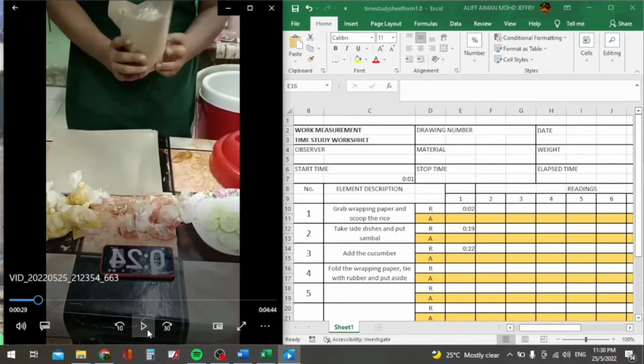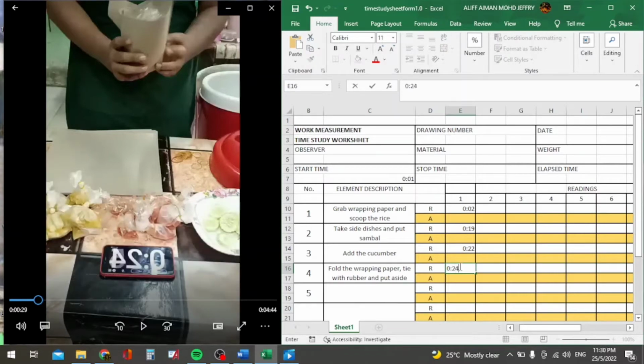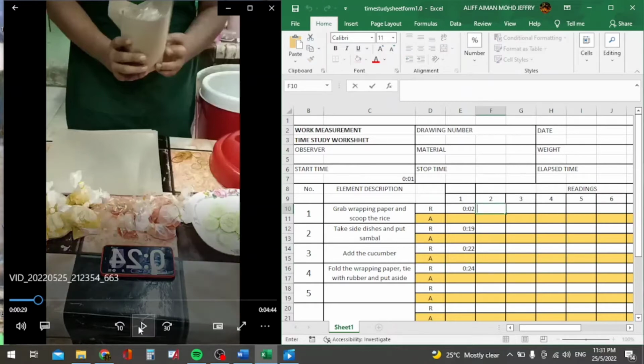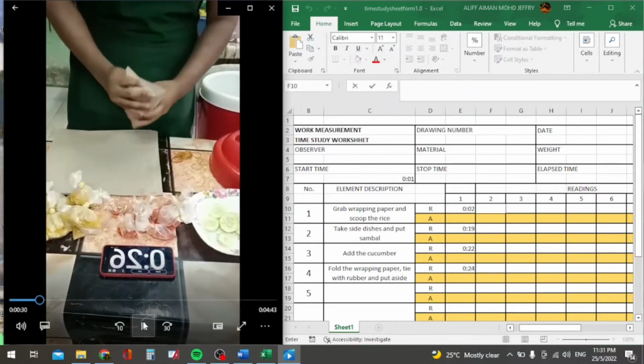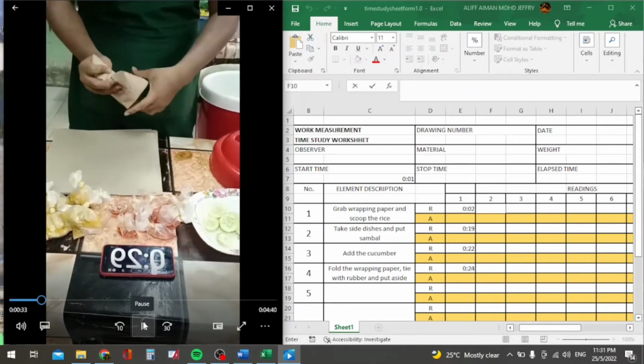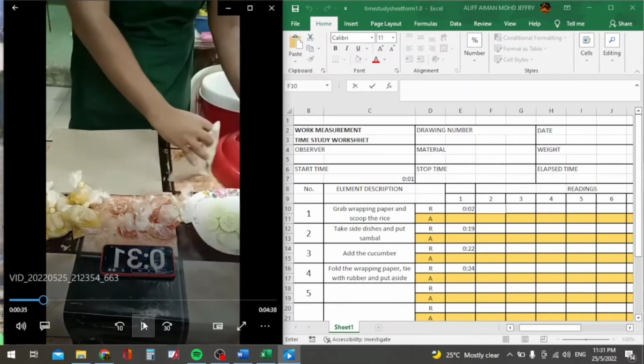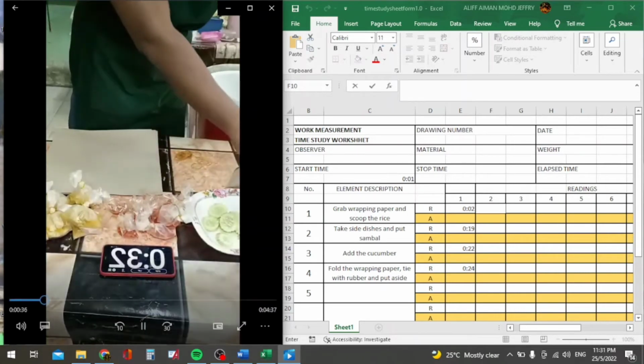Okay, and then when the person folds the wrapping paper, we take the time as 0.24. And then we have finished the first cycle.